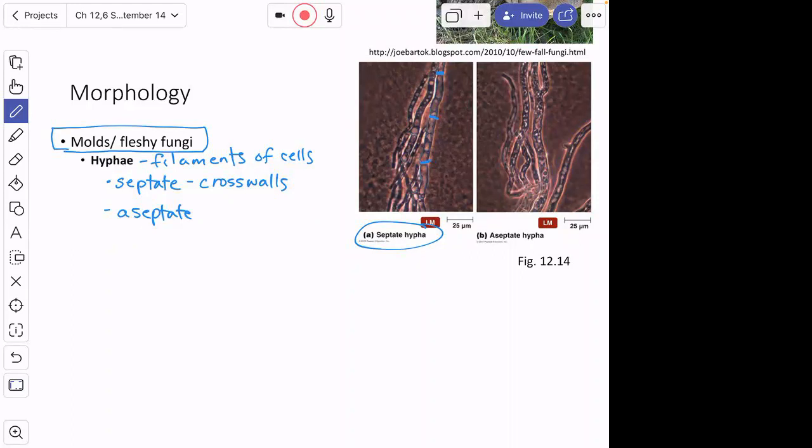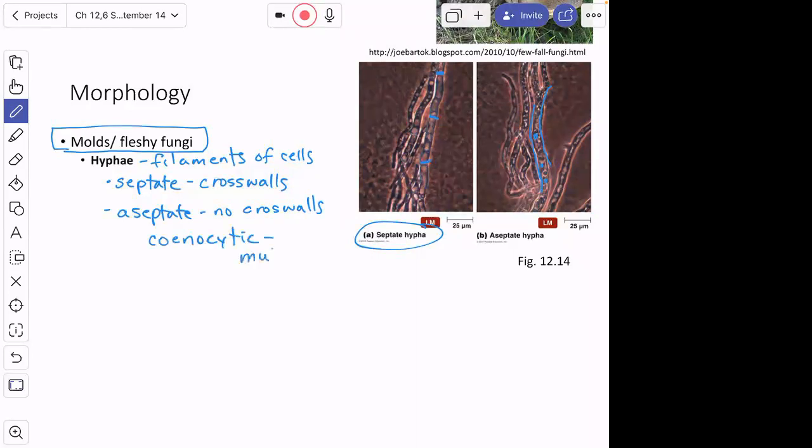Some filamentous fungi actually don't have those cross walls. So essentially, we've got one big cell here with many different nuclei. Okay, so we have a term that describes a cell that's multinucleate, and that's coenocytic.